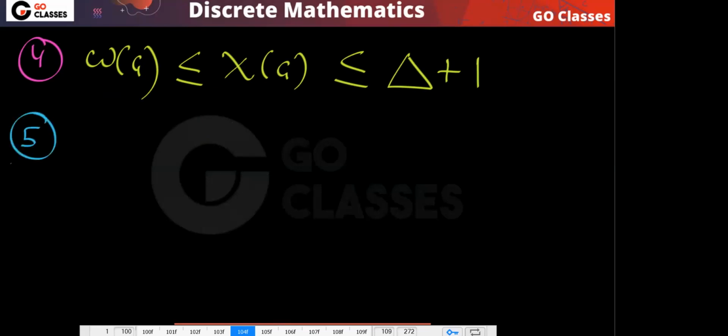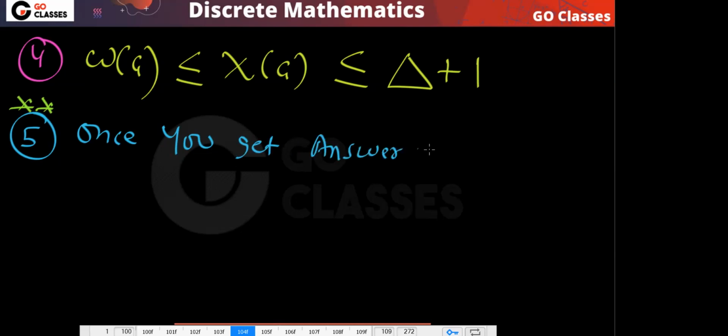And what is the fifth? This is a very important point, because many students make mistakes here. Once you get your answer K, ask yourself, is it minimum?